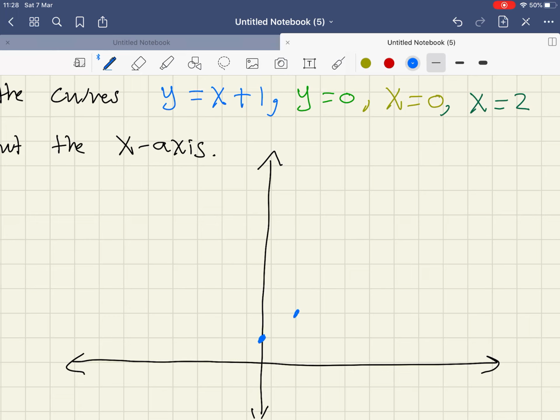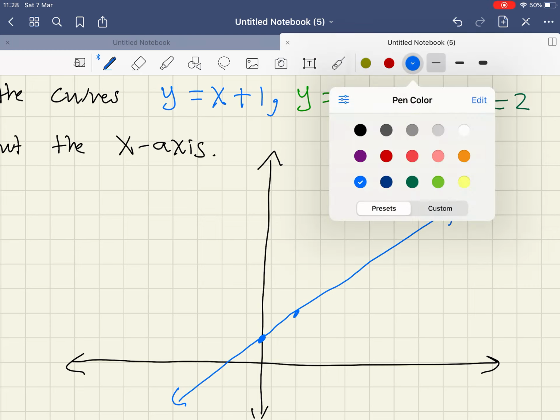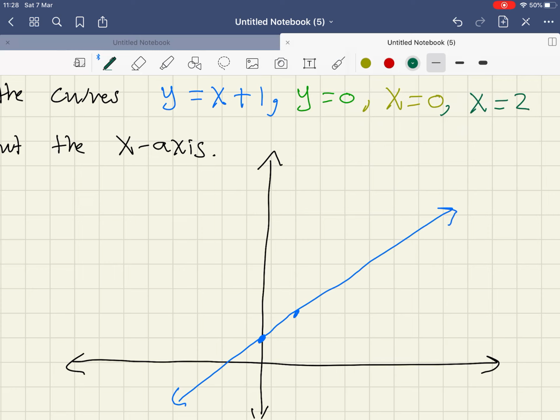And then all we need to do is join them together. This is the first one. Now the second one, which is the green one, y equal to 0. This is, as we said, the x-axis. So it's this line over here.